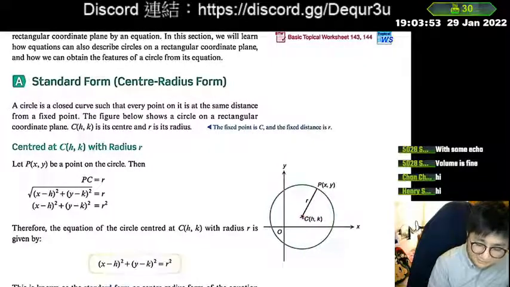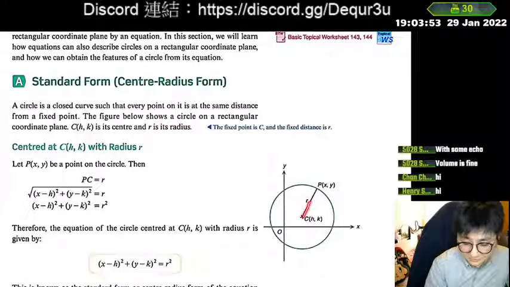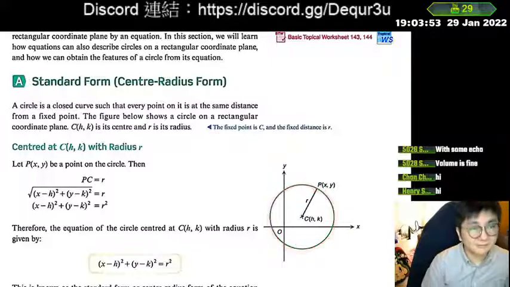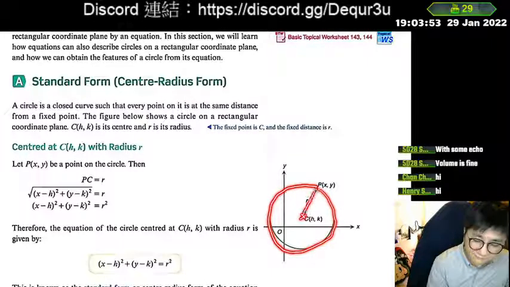Then we collect all the points at a fixed distance radius from the fixed point center, and the outside line, the circumference or the perimeter, will be the circle. So this is a fixed distance from a fixed point.